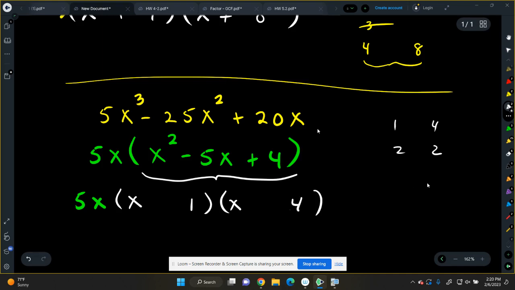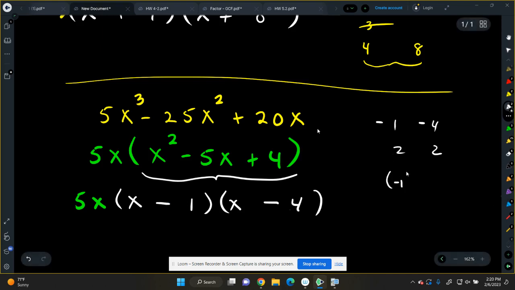All right, so this one's a little tricky though, because do I want it to add up to 5? I want it to add up to -5. So how would I get these two numbers to multiply to equal +4, but add up to -5? Yeah, make them both negative.